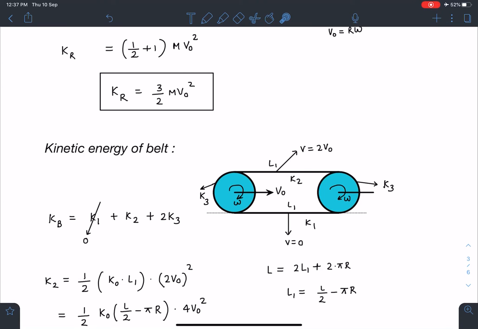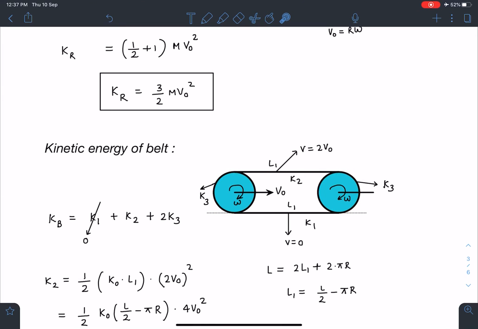K2 is very simple actually to calculate. Let's say this length is L1. If this length is L1, K0 L1 is the mass of it, and 2V0 is the speed of it. So half K0 L1 into 2V0 whole square, and this L1 we can find out from the total length of the belt, which is L is equal to 2L1 plus pi r plus pi r.